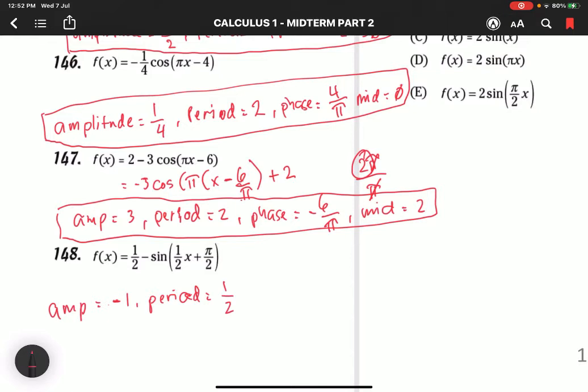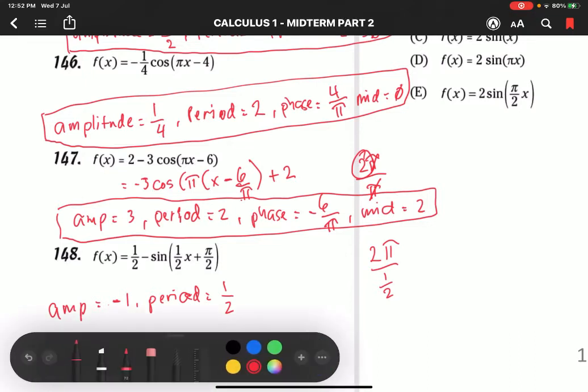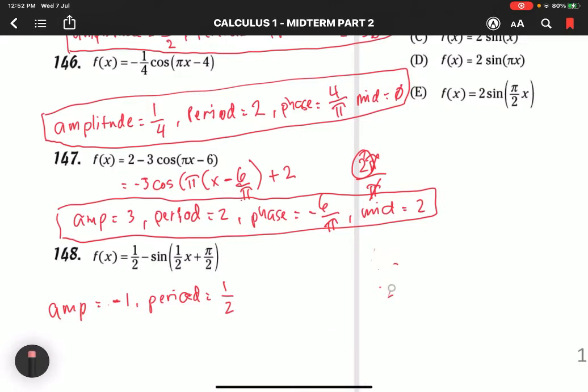So, kung siya ay 1 half, lagyan natin siya ng 1 half, babalik rin natin. So, 4 pi. Mangyayari ay, we have, sa 148, we have 4 pi na period. Okay? 4 pi.